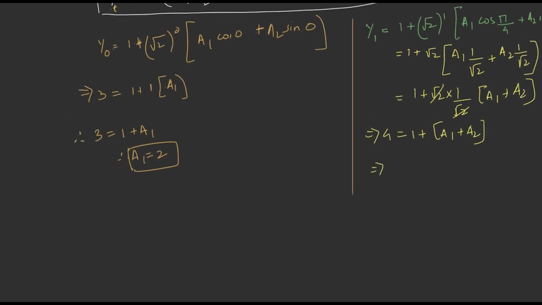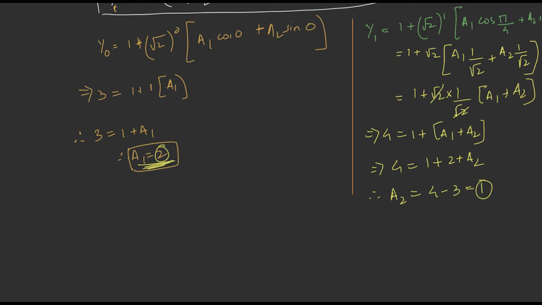Now we know the value of a1, so we'll put the value of a1: 1 plus 2 plus a2. Therefore, a2 equals 4 minus 3 equals 1. Therefore, the value of a2 is 1 and the value of a1 is 2.